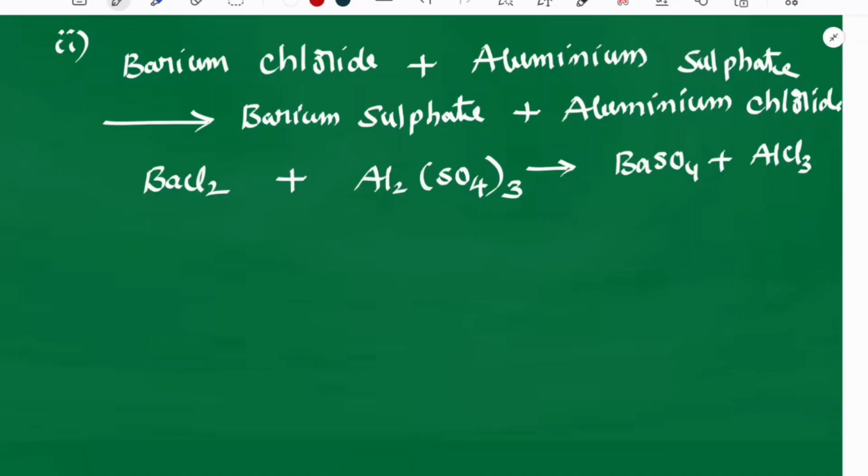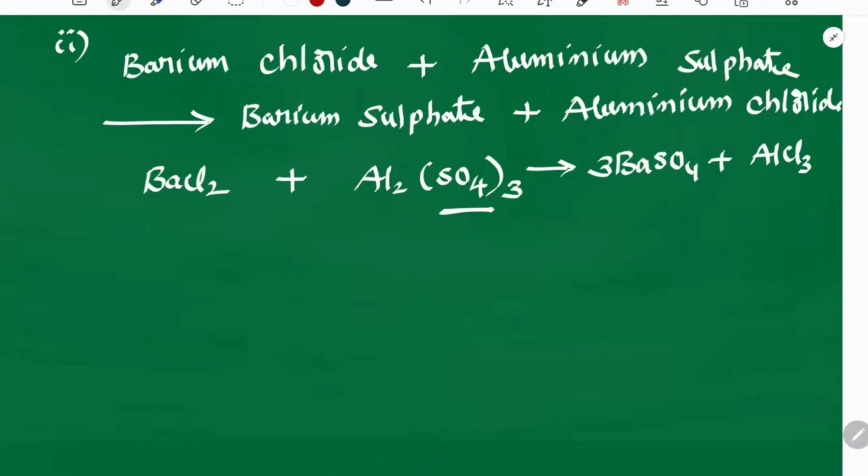See, first, which one is more? Here sulfates are more, 3 sulfates. So we balance the sulfates first. How many are there here? 3, so you can keep 3 here. Sulfates, SO4s, are balanced.